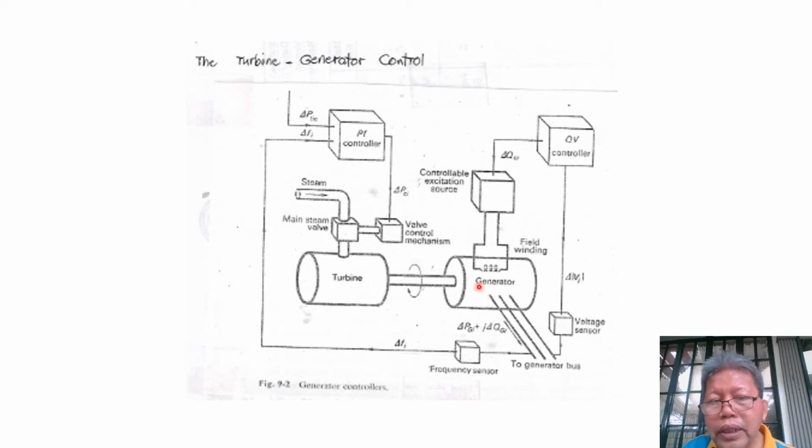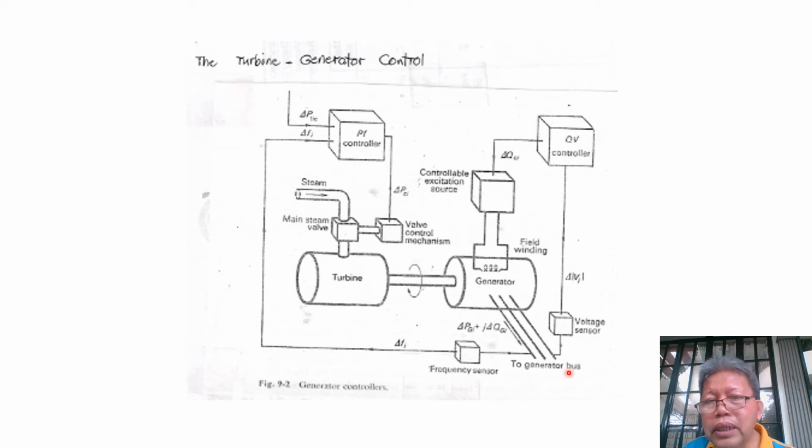So in effect, if the turbine here increases its mechanical power, then additional power will be generated by our generator. So, that is how our generator is being controlled by this power and frequency controller.